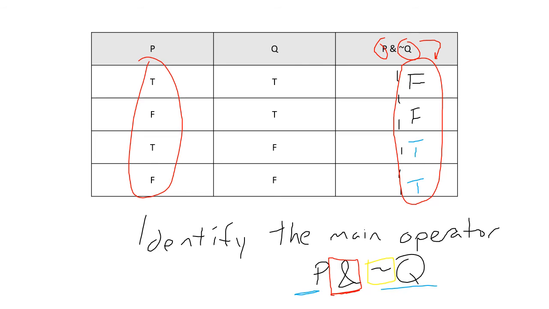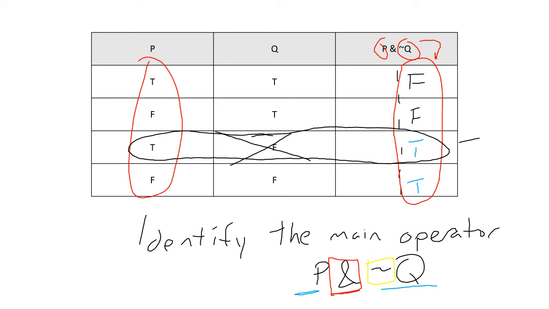So if you remember the ampersand rule, an ampersand is true wherever both the left and right conjunct are true. And looking at our rows, the only situation in which we have that is right here. We're ignoring this one right here. We only worry about the true right here. We're ignoring the Q there in the middle.